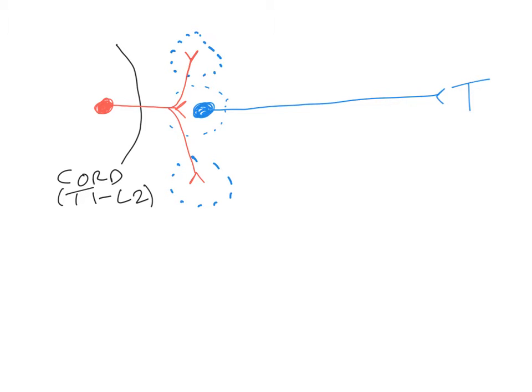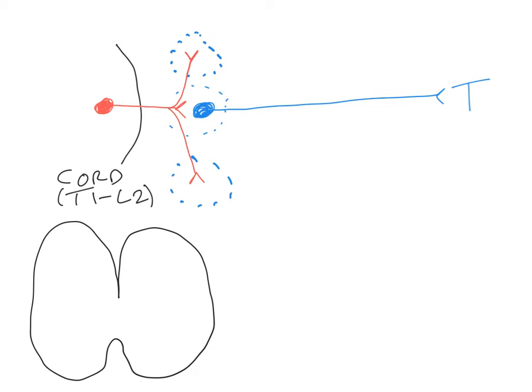Now, the next thing I want to do is look at the sympathetic system in a more anatomical sense, and we're going to do that by drawing our cross-section of the spinal cord. So here is a transverse section through the spinal cord, and this would be through the spinal cord at levels T1 through L2, where the sympathetic preganglionics can be found.